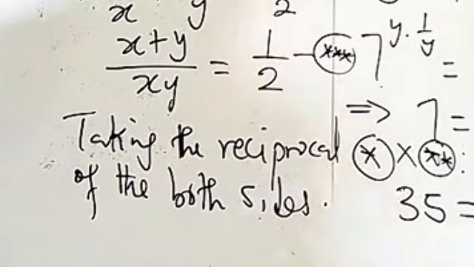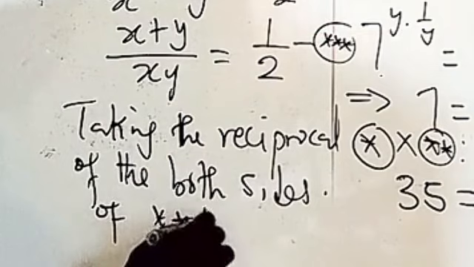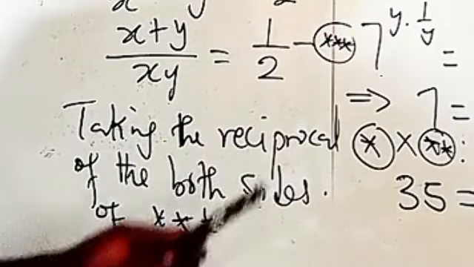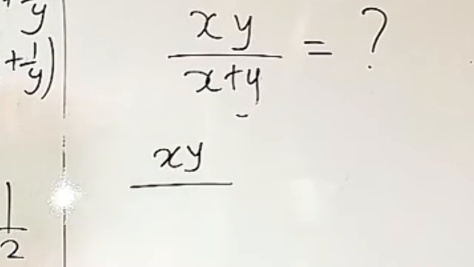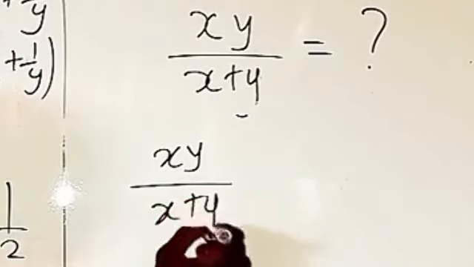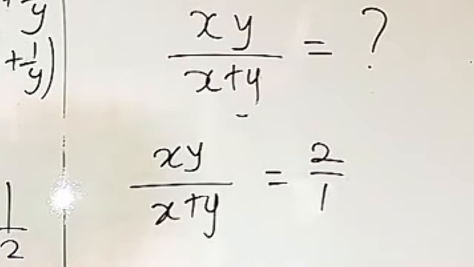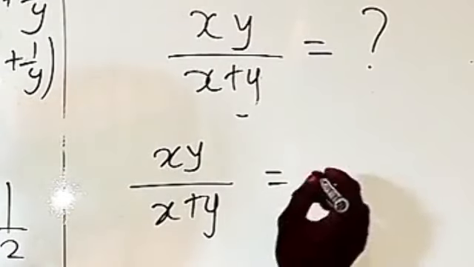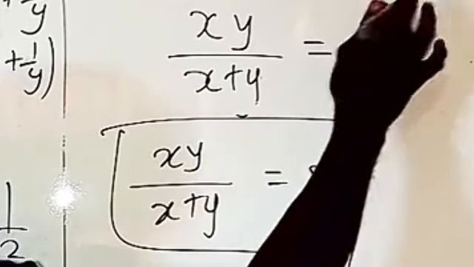Then xy goes up and x plus y comes down: xy over x plus y. The same thing happens on the right hand side: 2 goes up, and 2 over 1 is the same thing as 2. So the answer is 2. This is the solution.